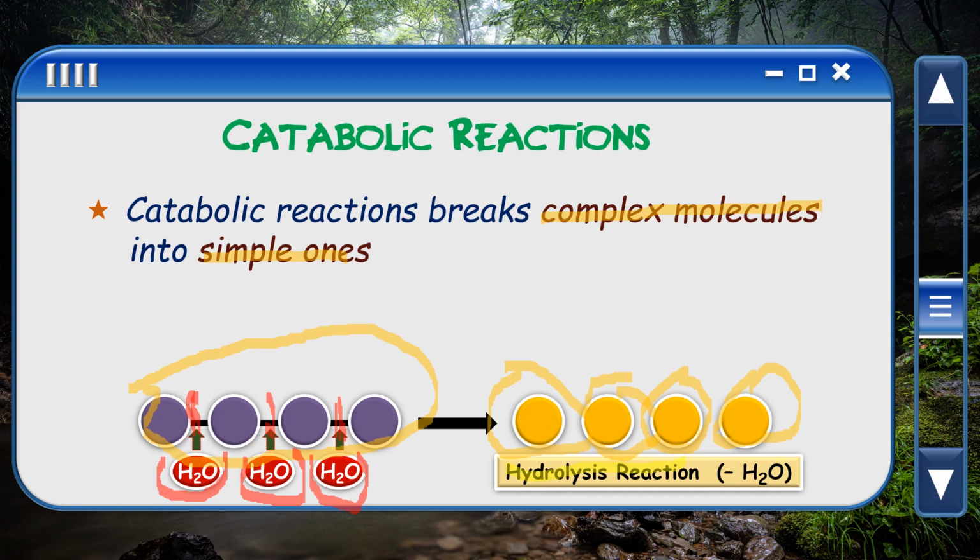Meaning that we are providing water, we are hydrolyzing. And when you provide water, those bonds are going to be broken down. And when they are broken down, we shall get our independent monomers. And that reaction is what we refer to as a hydrolysis reaction, meaning that we have provided water molecules in order for us to be able to get the monomers.